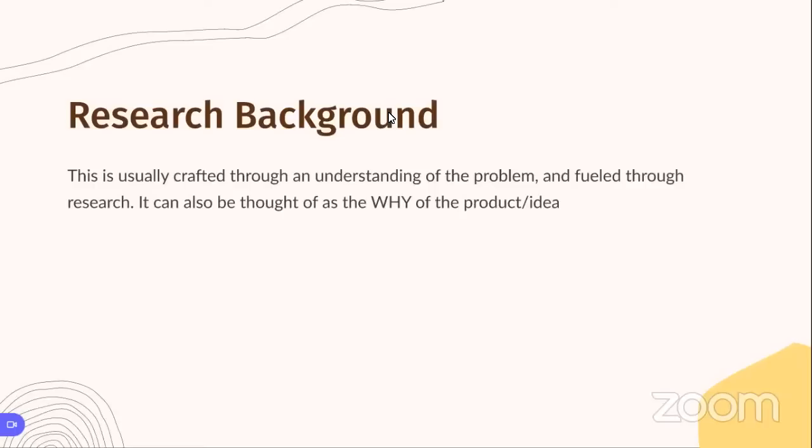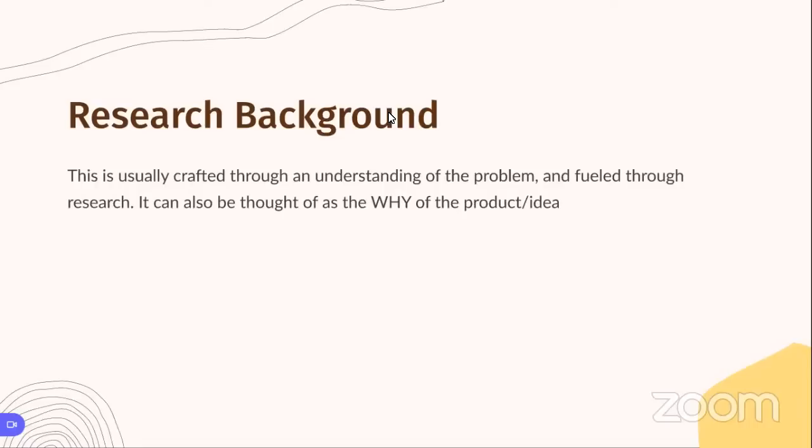The first thing you want to do is to write out the background. You can call it a research background, you can call it a project background, and it's more like a small, straightforward, or should I say, holistic understanding of the problem described, and is usually drawn from secondary research.